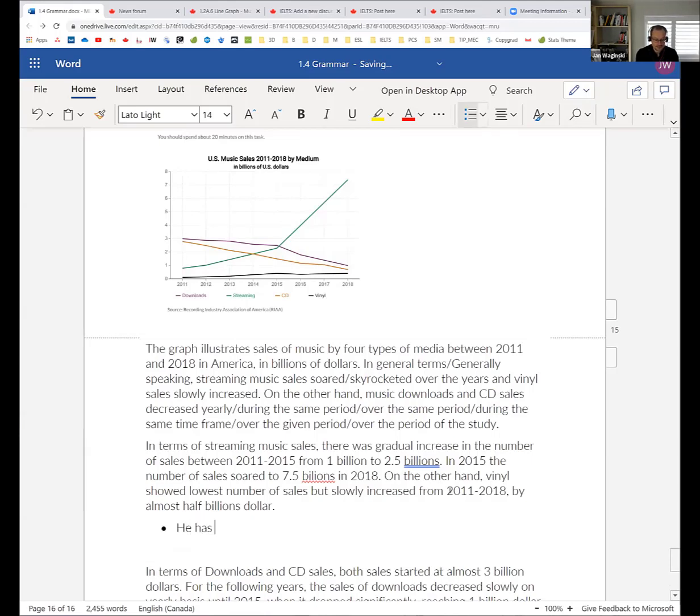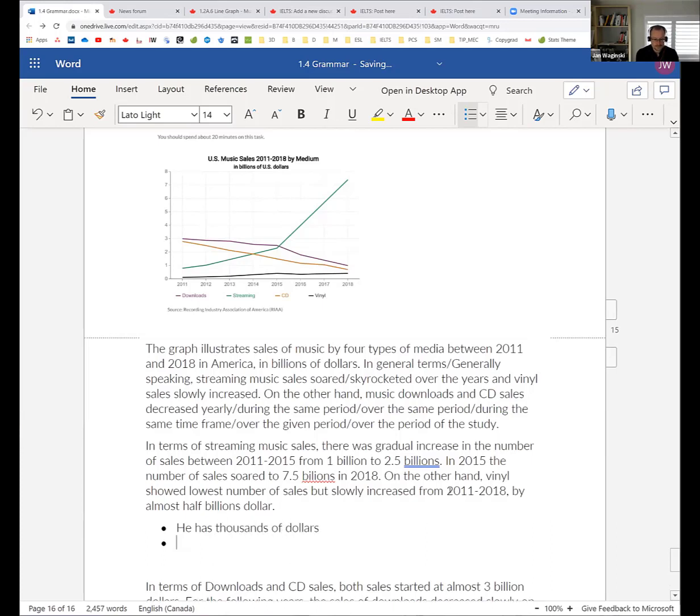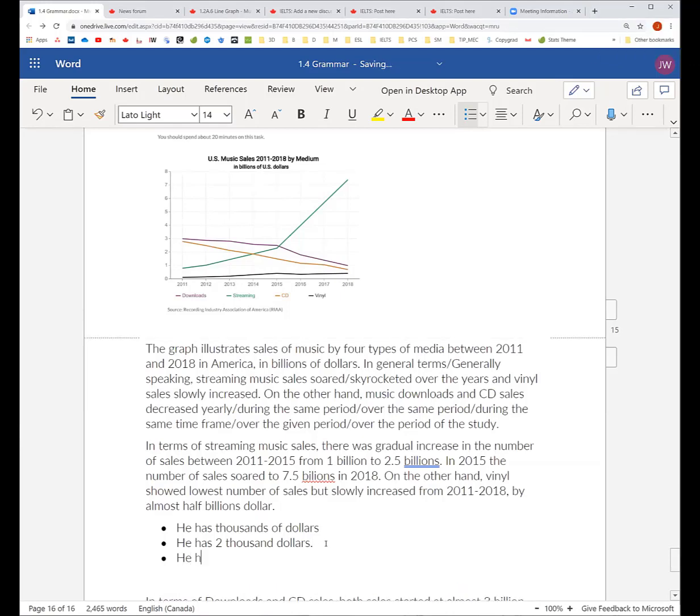He has $2,000. Is it 2.5 billion or $2.5 billion?